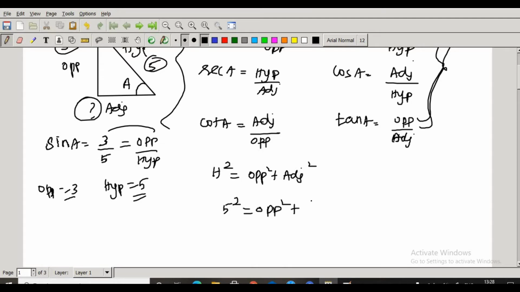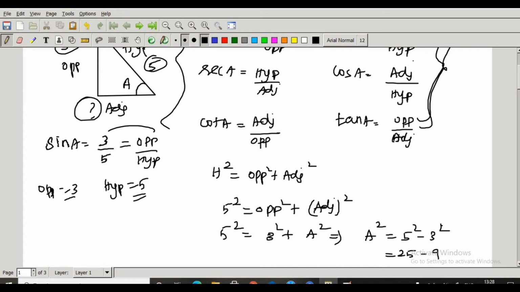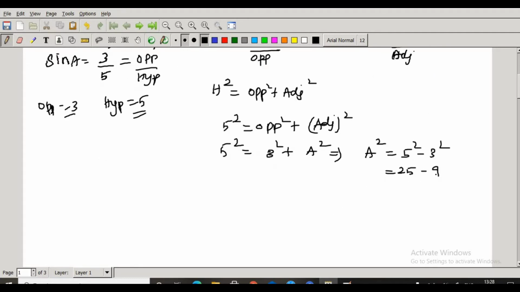We don't know the value of adjacent, so let it be A. So 5 square is equal to 3 square plus A square. From this we can write A square is equal to 5 square minus 3 square, that is 25 minus 9, which is 16. So A square is equal to 16 and A is equal to the square root of 16, so A is simply 4. The adjacent side is 4.